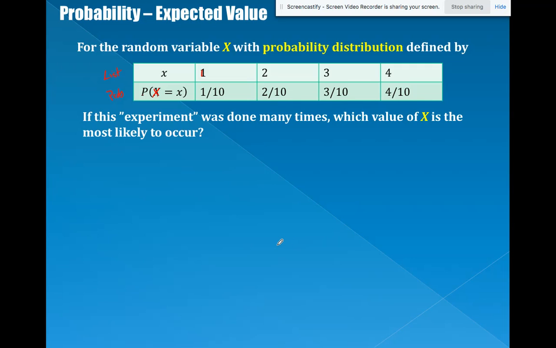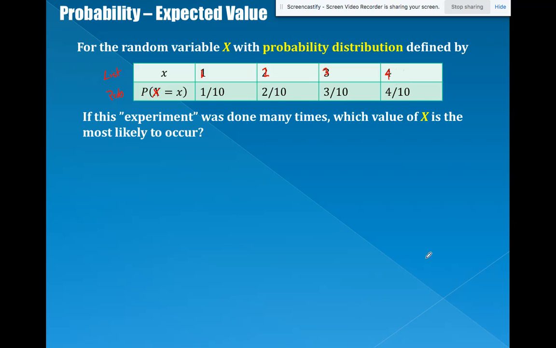Now, I want you to think about this. I don't even know where this table came from, but let's say it's an experiment. So whatever 1 represents, the probability of me achieving that event, when x is 1, is 1 out of 10. But whatever x is, when it's 2, well, I've got a 2 out of 10 chance of that happening. 3 out of 10 chance.